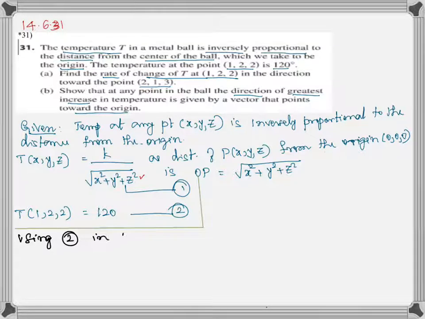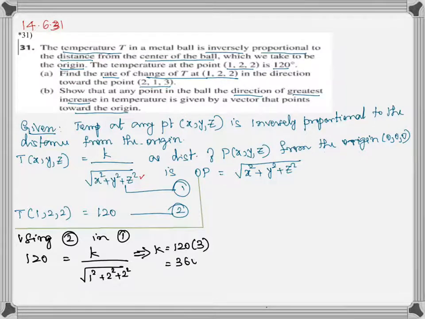So, 120 equals k divided by the square root of 1 squared plus 2 squared plus 2 squared. That gives k equal to 120 times the square root of 9, which is 3. So the value of k is 360.